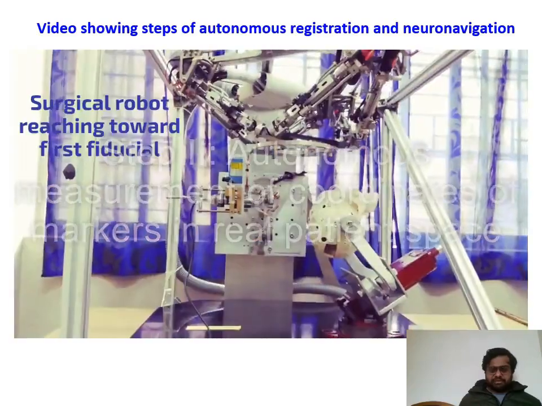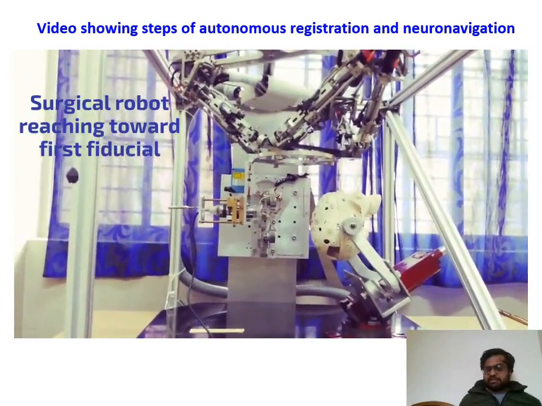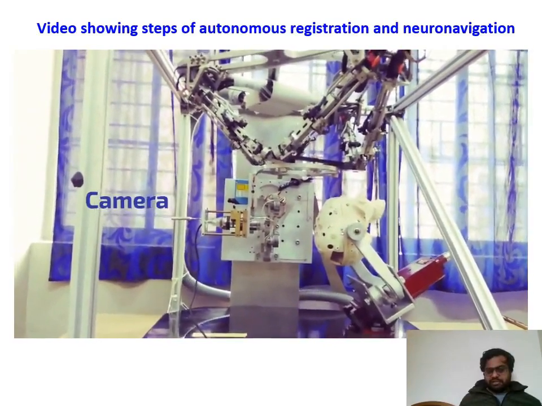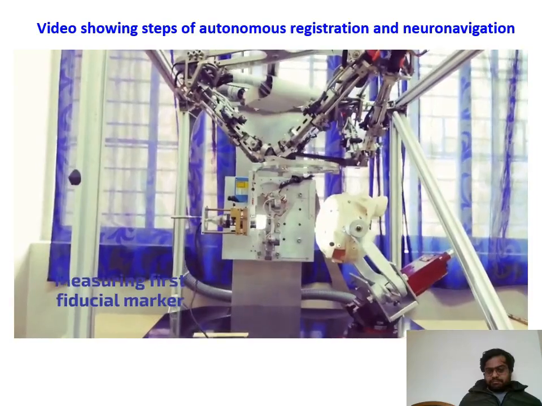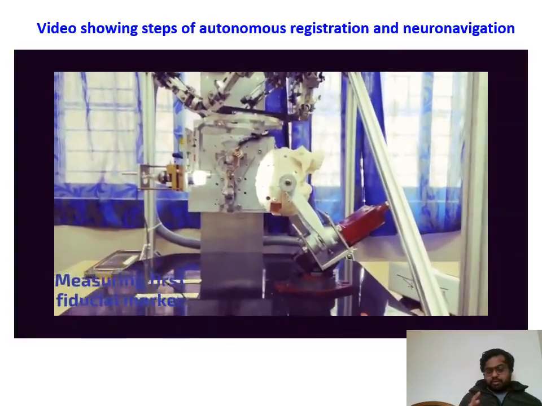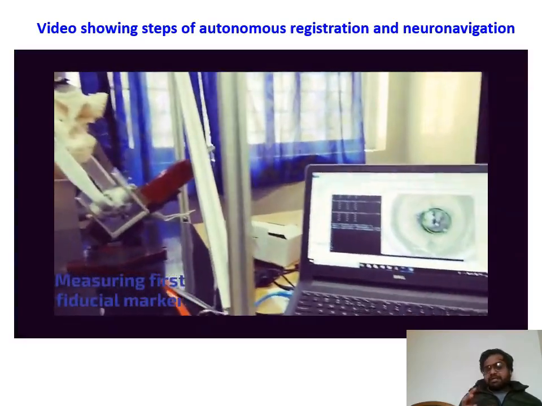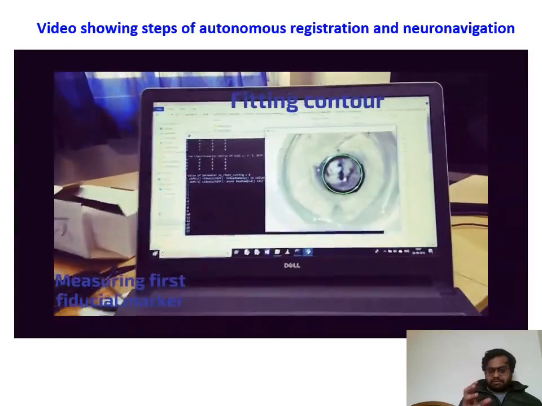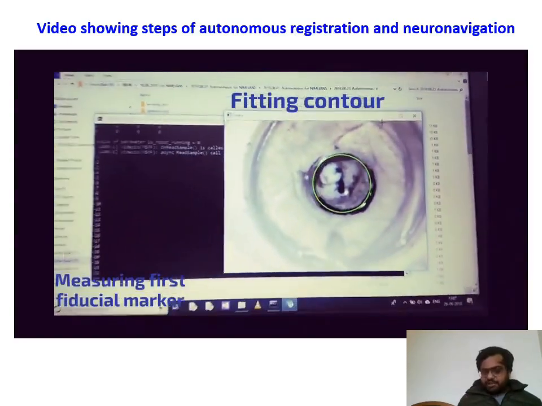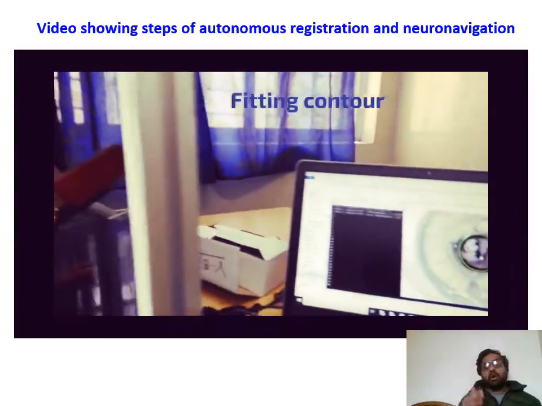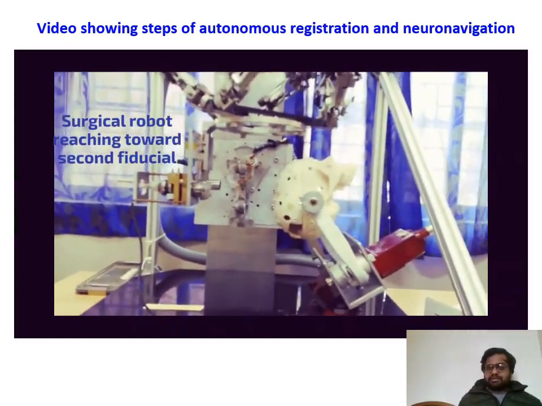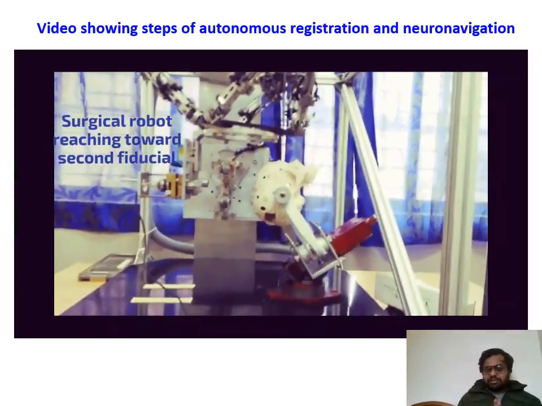The second step is autonomous measurement of coordinates in real patient space. Here you can see the application of my method: the robot autonomously measures the centers of the fiducial markers in real patient space, in the same order in which the surgeon measured the fiducial markers in medical image space.